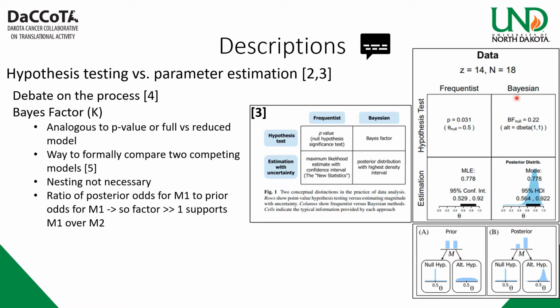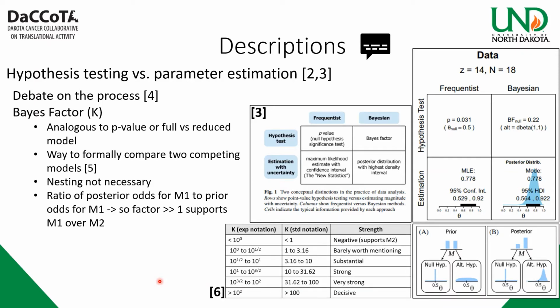Right here we're looking at the null comparison, and again, this is very small, so it doesn't support the null, it supports the alternative. So that's one thing we'll see with the Bayes factor. You have to be careful what it's comparing, because if you did the alternative and flipped this around, the number would be bigger. So you have to do some work to interpret it. Make sure you interpret it correctly.